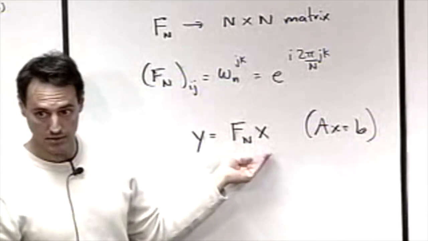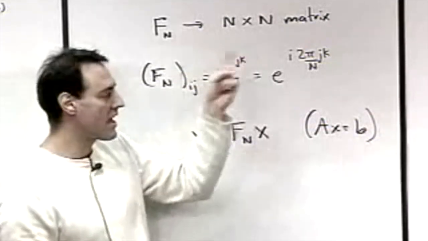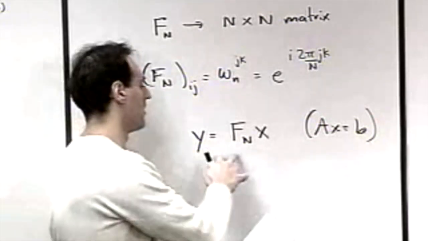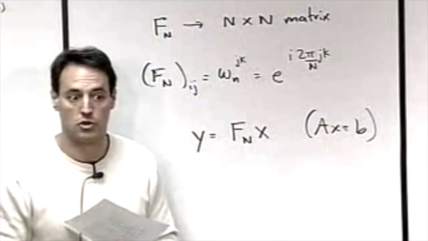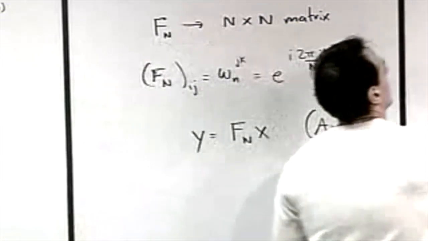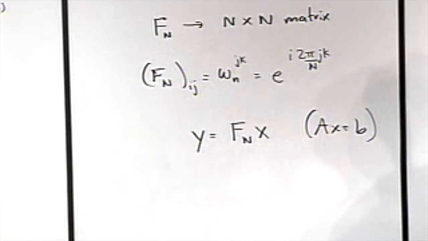Now, order n squared operations. But because of that fundamental relationship, it turns out you can split this problem up into two pieces. And it's all due to this relationship holding.